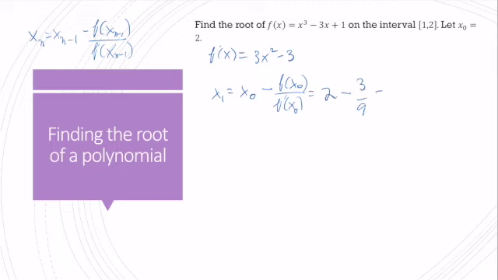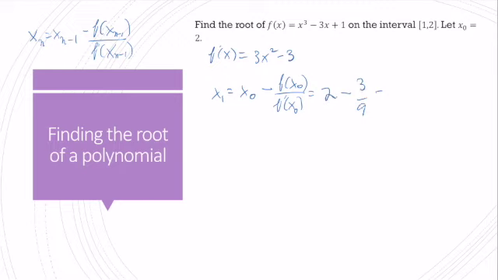That gives me 1.6 repeating minus f of 1.6 repeating divided by f prime of 1.6 repeating. And then I get another number. I get 1.5486. If I complete this process again and again, I get 1.53239. X sub 4 gives us 1.53201. X sub 5 gives me 1.532.